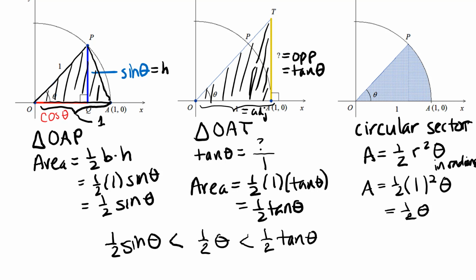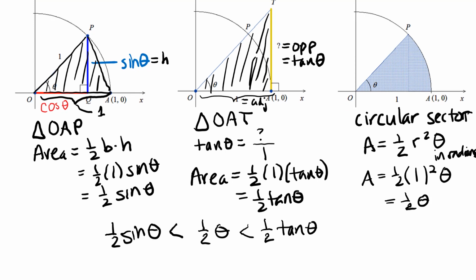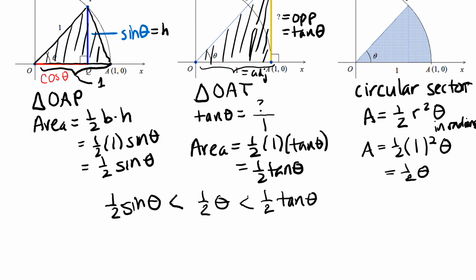Okay, so what we have right here should start to make you think about the sandwich theorem. I've got a sandwich. The question is, it's not really the sandwich we need in order to prove the limit that we were after. So we're going to do some algebra on this and get it to look like the sandwich we actually need. We just have to be careful to make sure we don't mess up the inequalities.